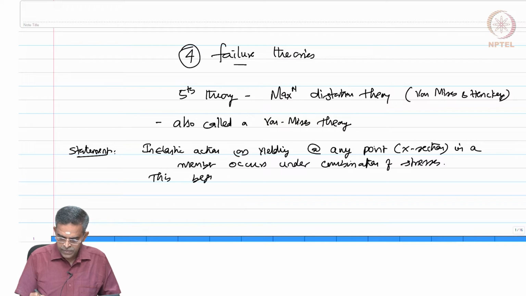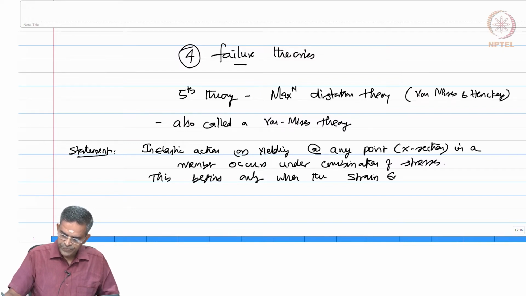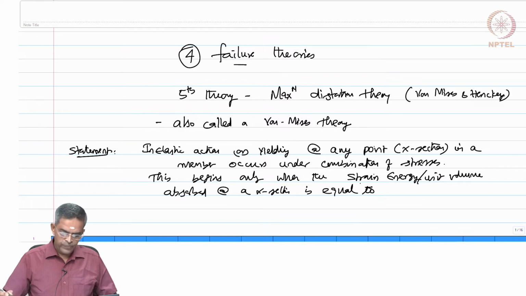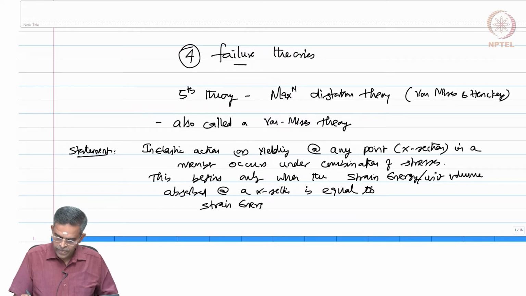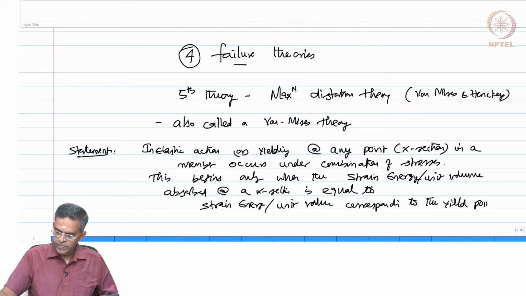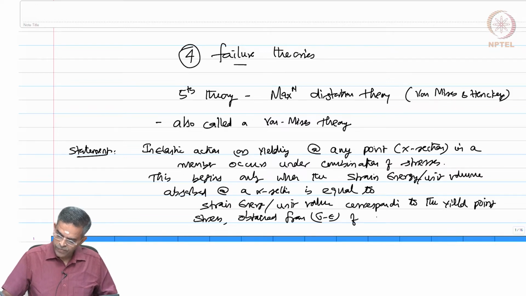This begins only when the strain energy per unit volume absorbed at a section is equal to the strain energy per unit volume corresponding to the yield point stress obtained from the stress strain curve of simple tension test.